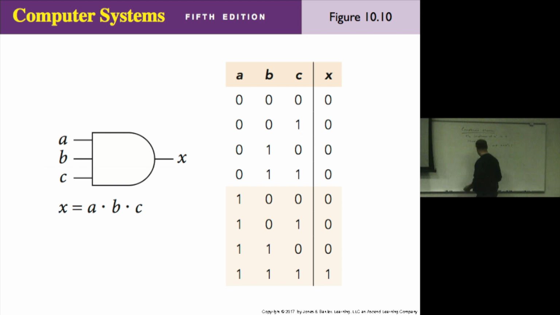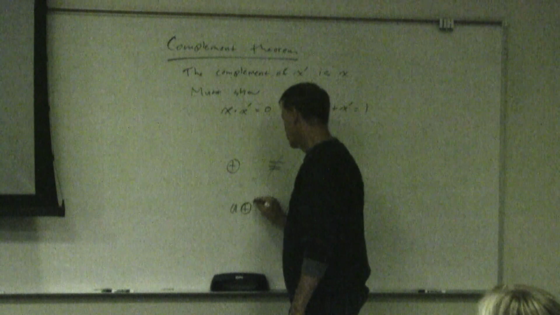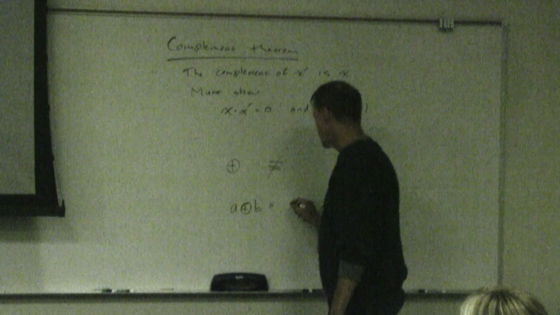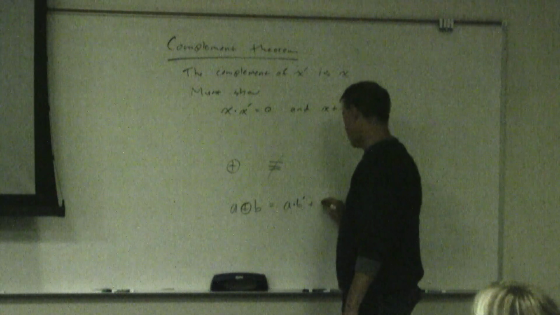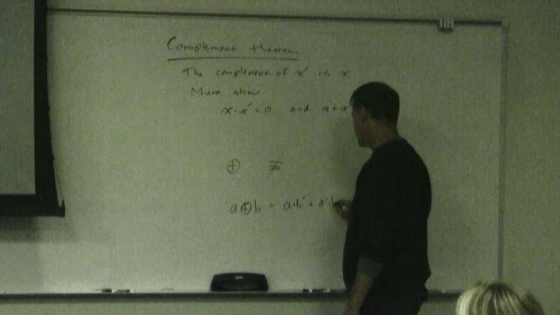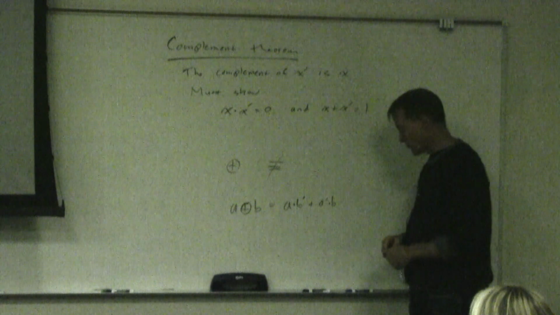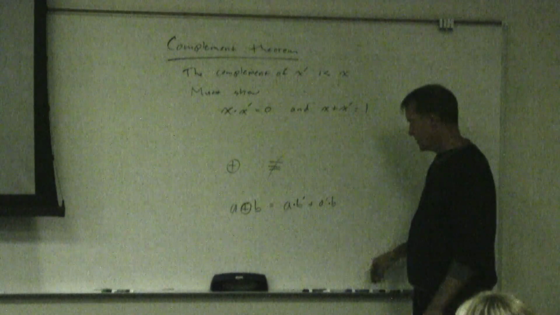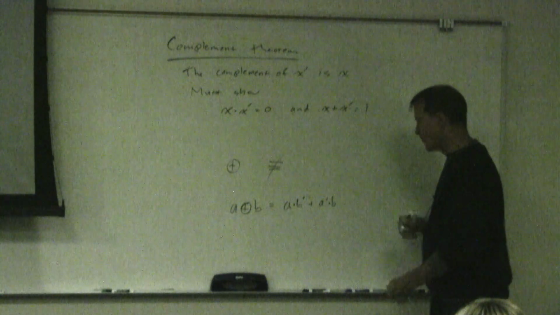Check this out: A XOR B equals A and B prime or A prime and B. It's true when one of them is true, but not the other one.